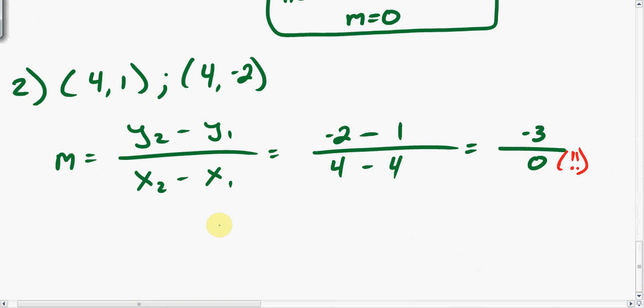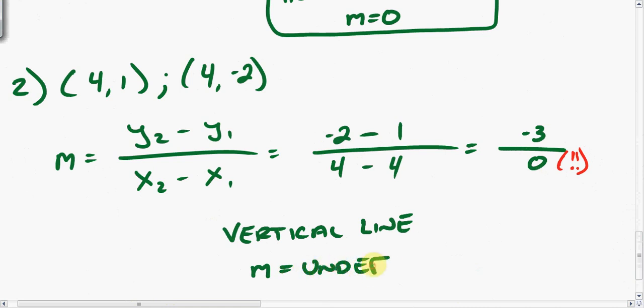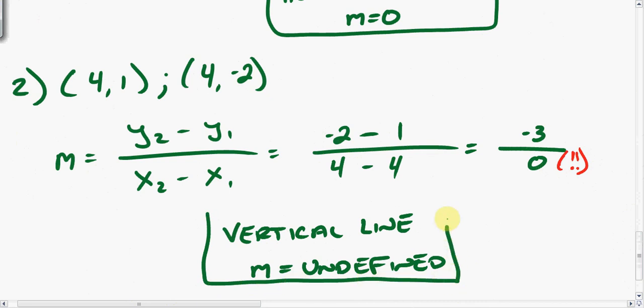So this would give us an undefined slope, which we know is a vertical line. It's a vertical line because m is undefined. So 0 in the numerator is a 0 slope, 0 in the denominator, undefined slope.